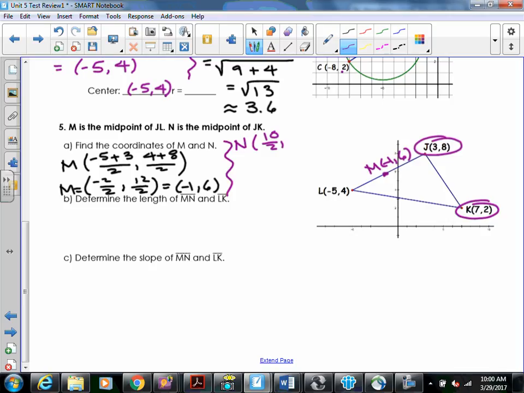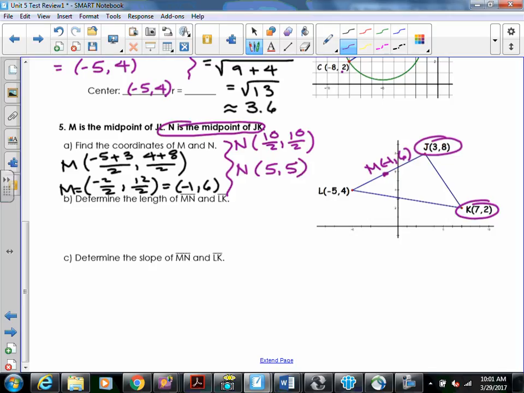Why are we using JK for A? Because here it tells you it says N is the midpoint of segment JK. Okay, so we have 3 plus 7 is 10, and so we have 10 over 2. Now let's go ahead and add the y's. 8 plus 2 is, so again, another 10 divided by 2. N is going to be at 5, 5.